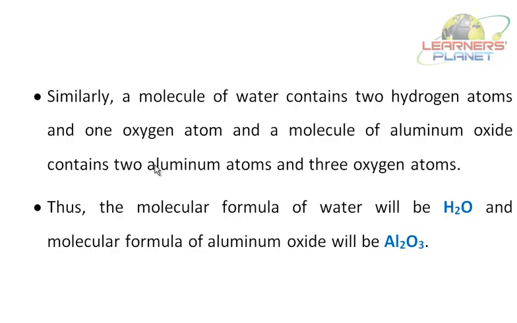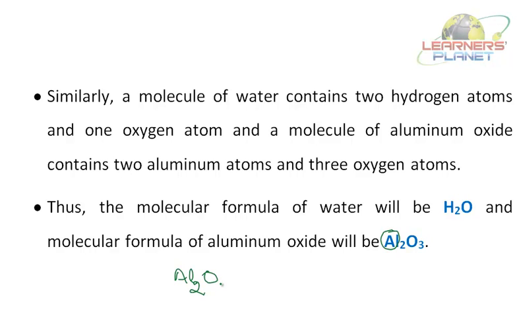Now, likewise, a molecule of aluminium oxide contains 2 aluminium atoms and 3 oxygen atoms. So, what is the symbol for aluminium? It's Al. What is the symbol for oxygen? O. How many aluminium atoms are there? 2.